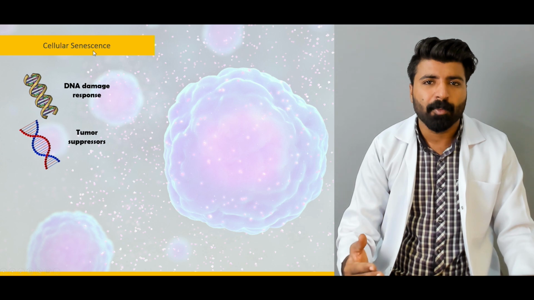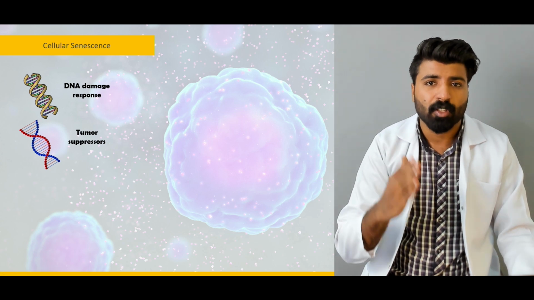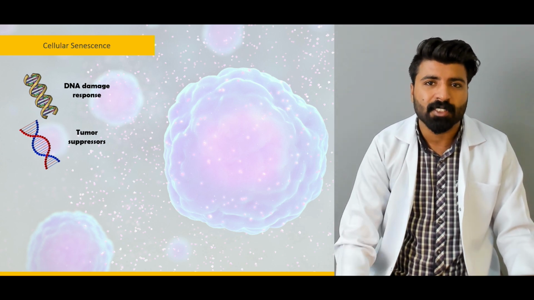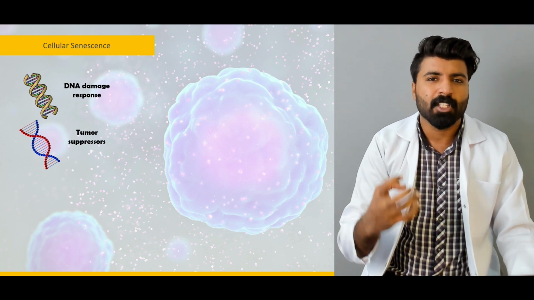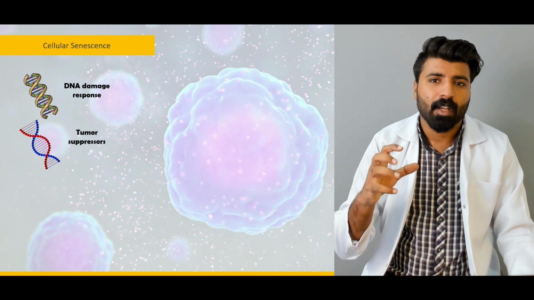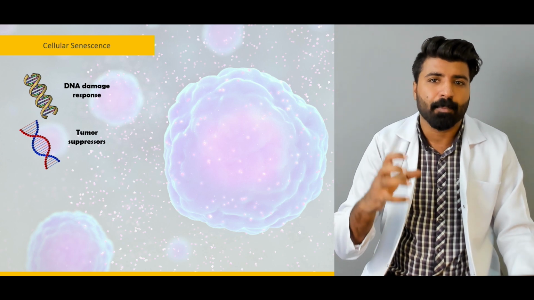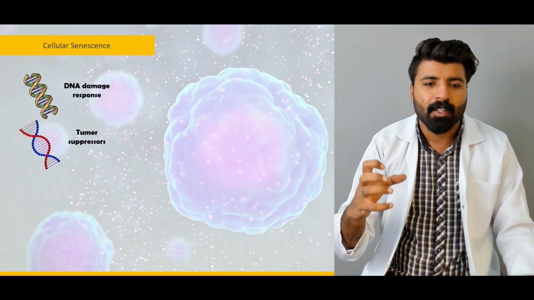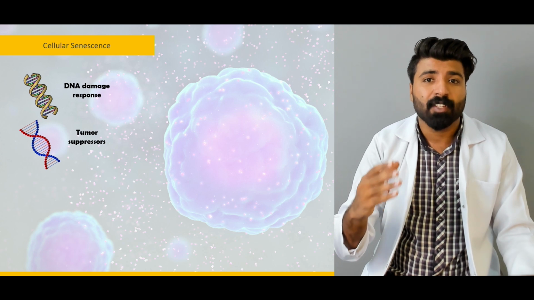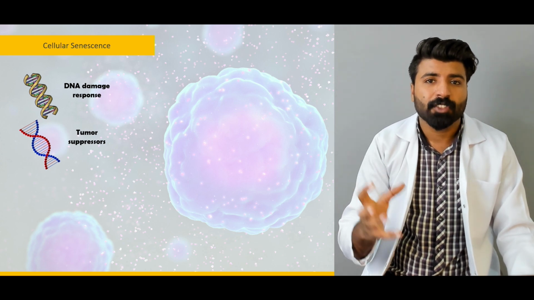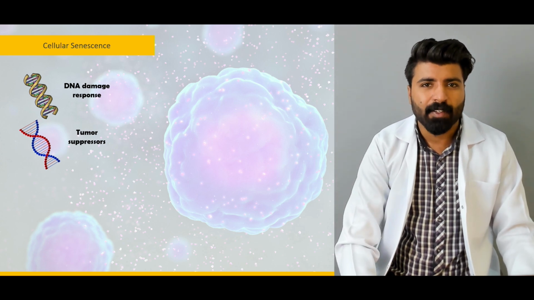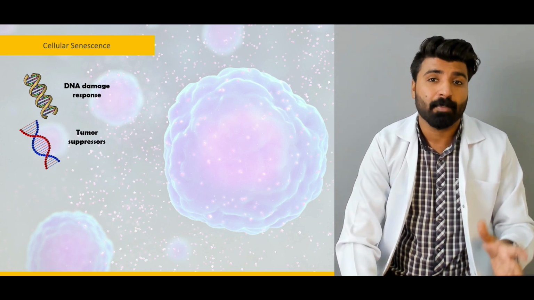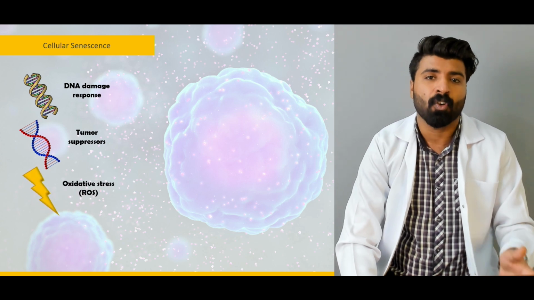DNA damage response will be happening, that we talked about in the first lecture of carcinogenesis, how the response to DNA damage comes through. It helps the DNA to get back to its shape, and that's how cellular senescence will end. That's how this will get back to normal cellular stage. Tumor suppressor activity will be seen, how a tumor is being suppressed, if it is being suppressed or not.